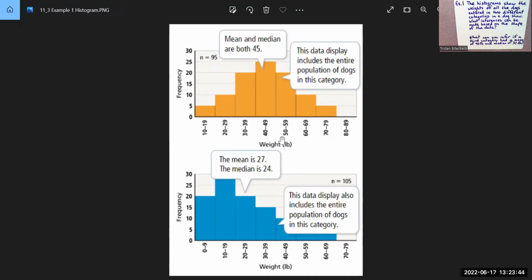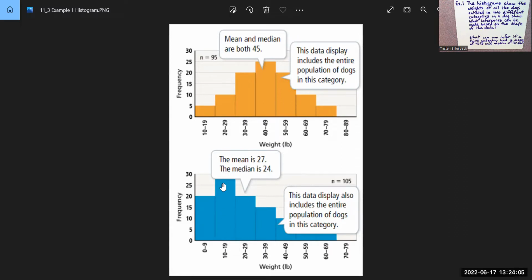So if we had a third category, it would still be similar to this where the tail is on the right. Okay, but if we actually look at what the data is saying, it says that most of the dogs are 40 to 49 pounds, or we could say most of the dogs in this category are 30 to 59 pounds.